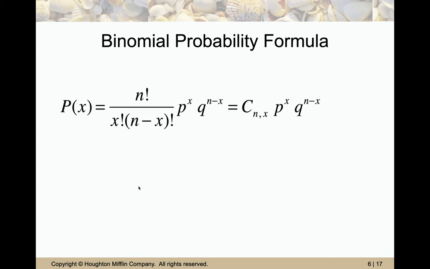All right, so here is our formula for finding binomial probabilities by hand. Luckily, our calculators will do this for us, but I think it's good for you to at least see this.